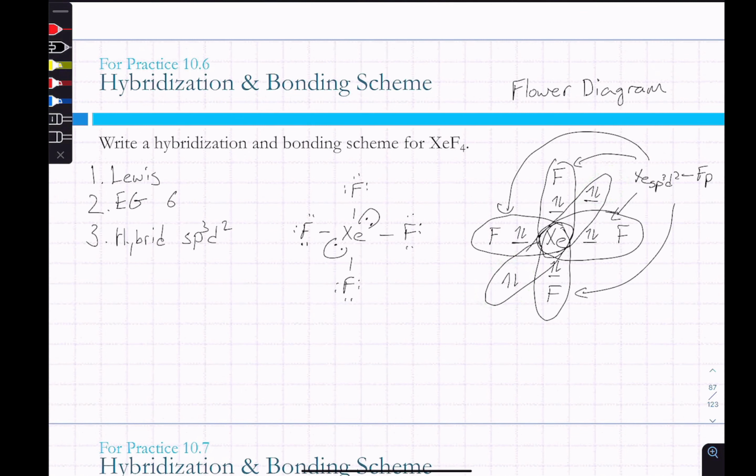So based off the flower diagram, we determine what orbitals are in fluorine? Oh, I did these, hold on. That's how you're supposed to do the overlap.